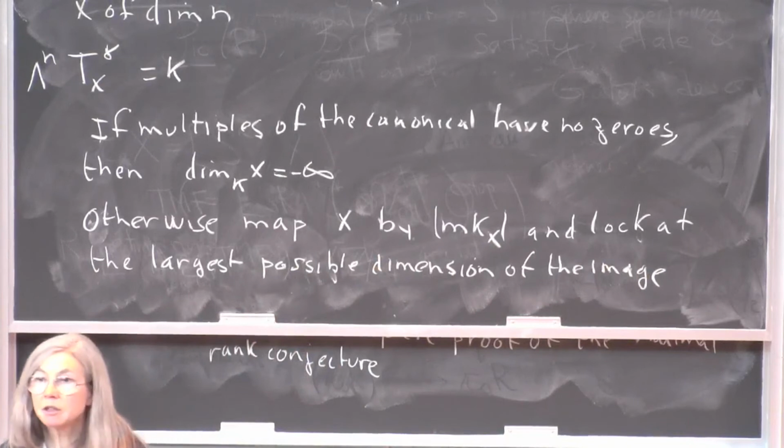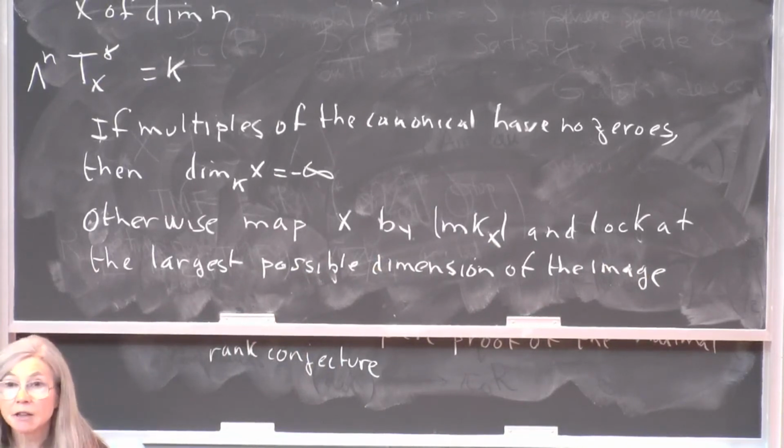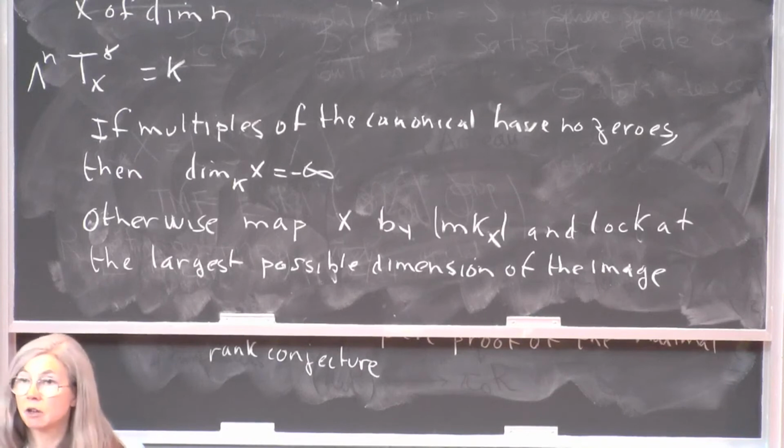And that's the Kodaira dimension. And the variety is of general type when the Kodaira dimension equals the dimension of X.